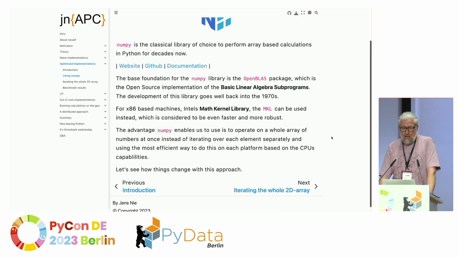It uses optimized libraries behind the scenes in the older days, and on some machines' architecture still, they are Fortran-based libraries like OpenBLAS, for example. And on Intel machines, you can use the Math Kernel Library, which might be a bit faster than that.